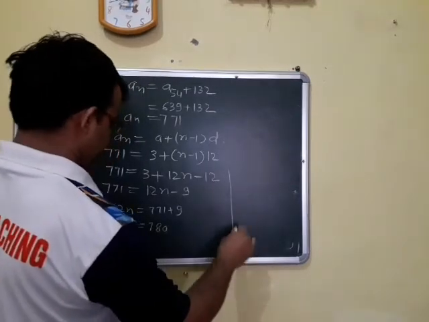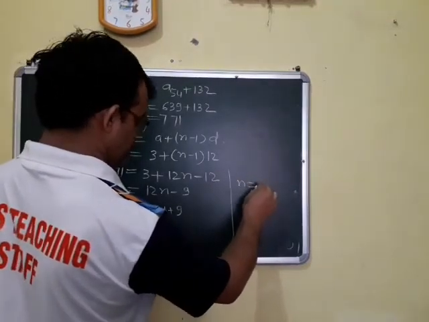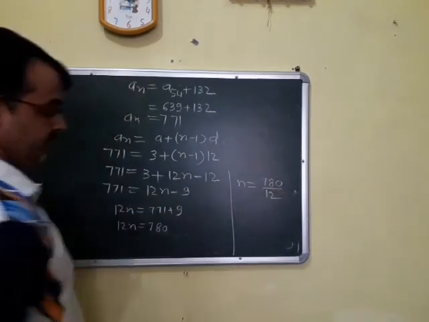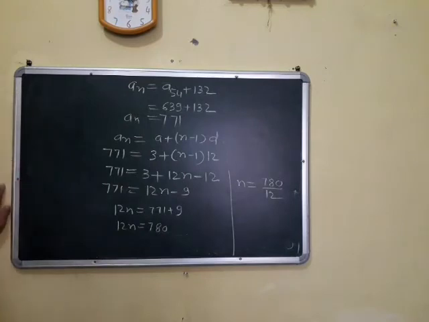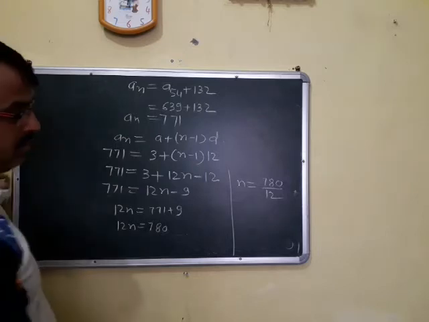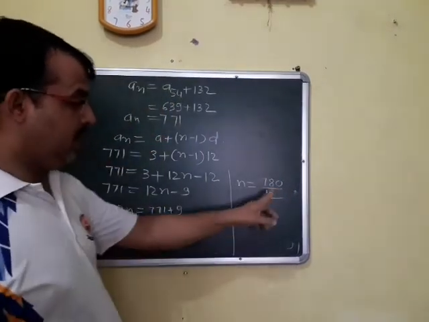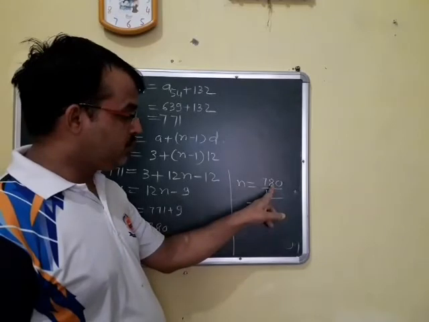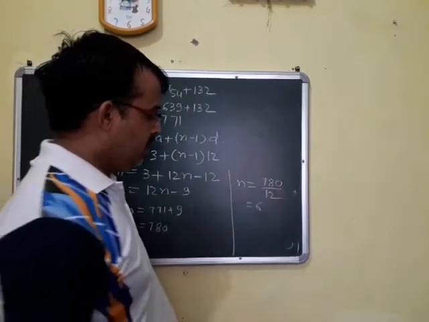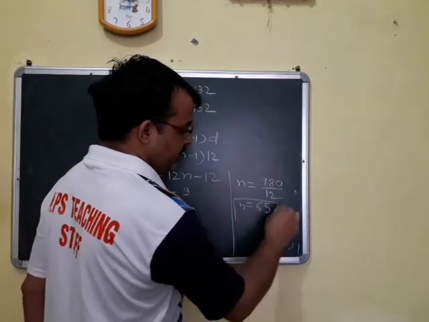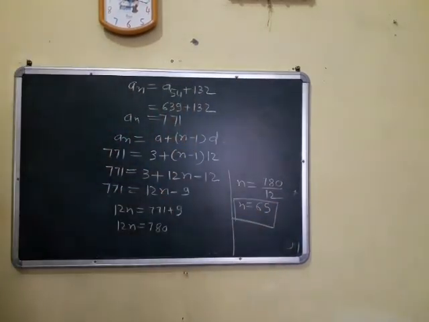So here we find that n is equal to 780 upon 12. Now divide this one. What do we get here? 12 sixes are 72, and 12 fives are 60. n is equal to 65. Clear?